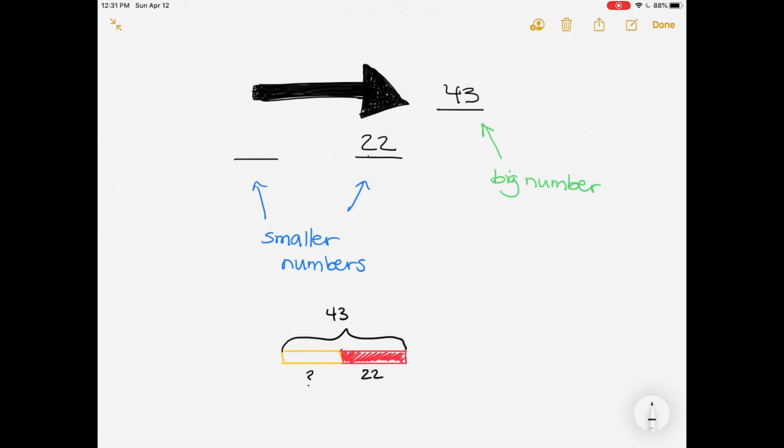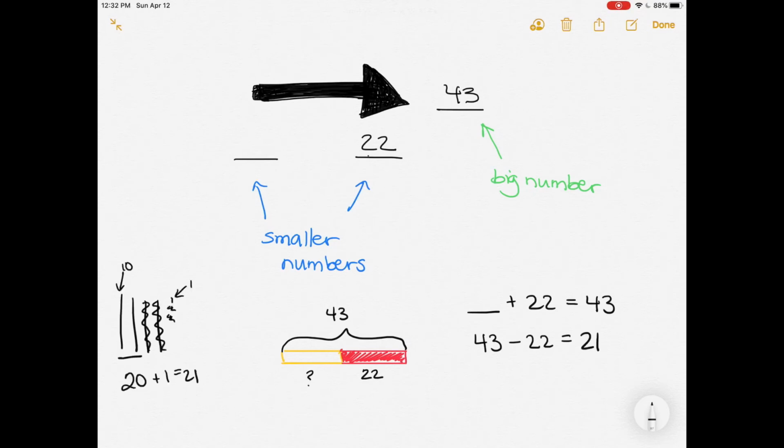Something plus 22 more combined equal 43. Let's see what's left over from 43 after we take away 22. The yellow bar must be 21.